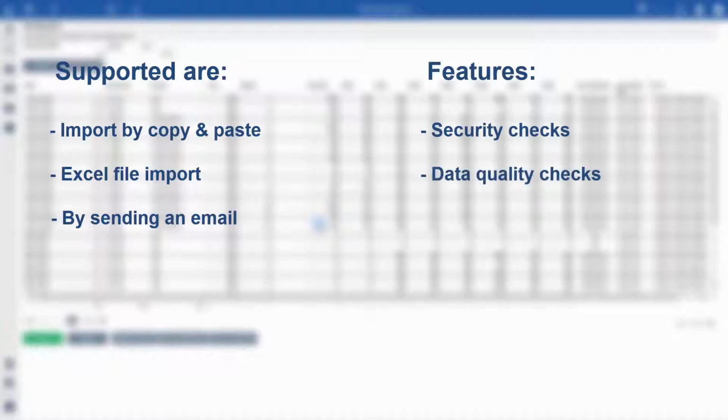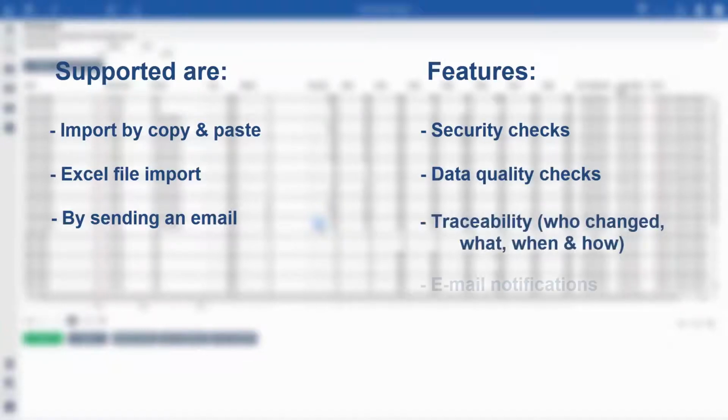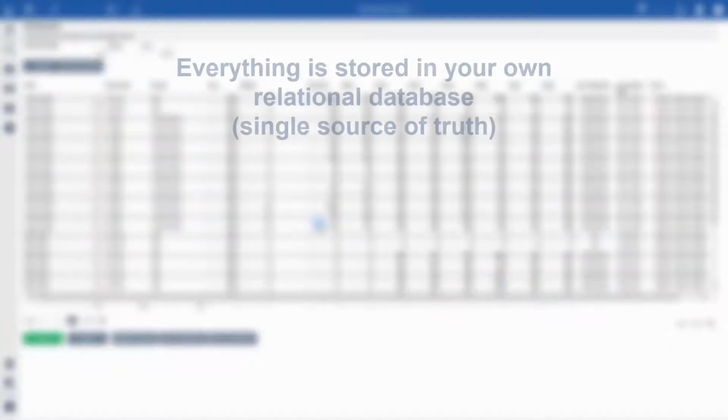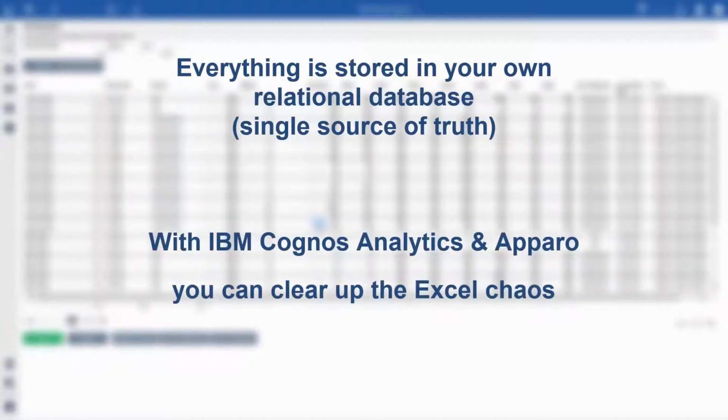Supported are the import with copy and paste, the file import, or simply by sending an email with Excel files in the attachment. Some of the features are security checks, data quality checks, traceability, email notifications. Since everything is stored in your own relational database, you can clear up the Excel chaos in your company.